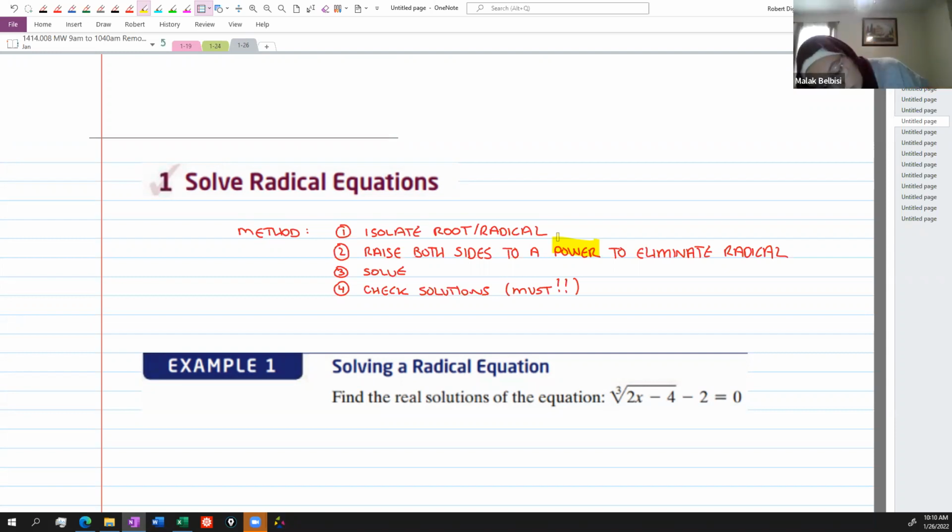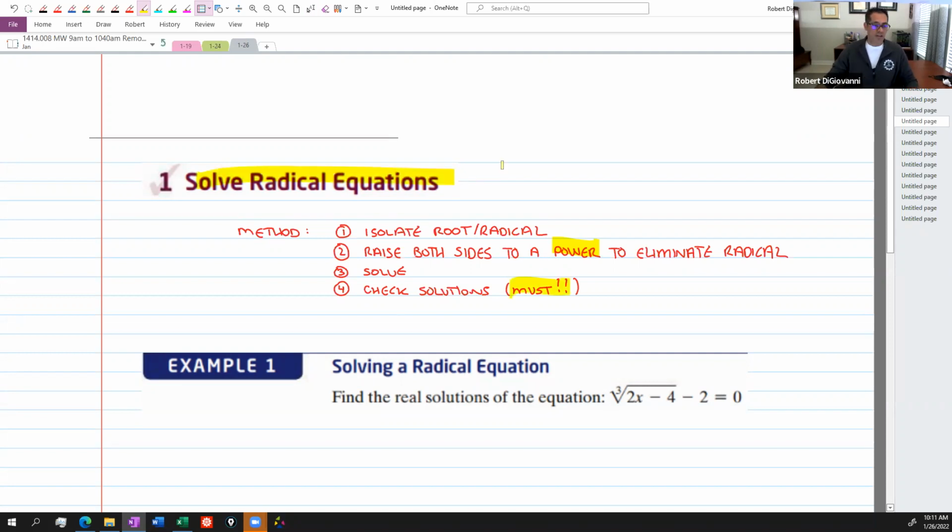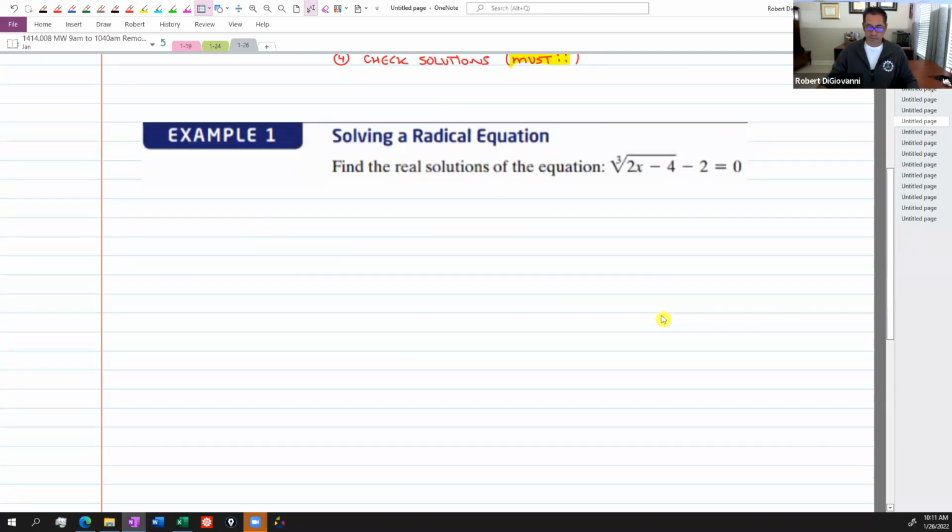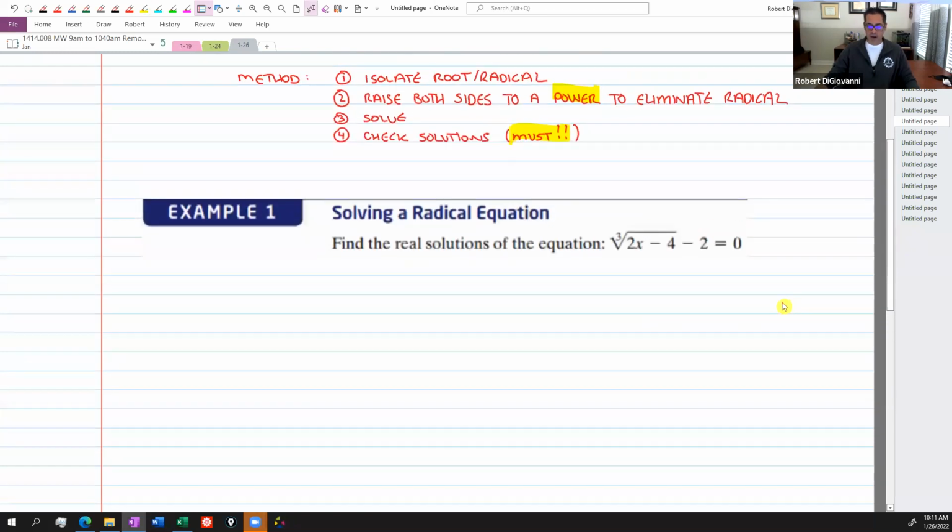So the radical always dictates what power we're raising things to. Once we do that, we're going to solve the equation, and then we will check our answers. And you must check your answers when you're solving radical equations. Always check your answers. All right, so let's do this first one. I'll leave the steps right there.